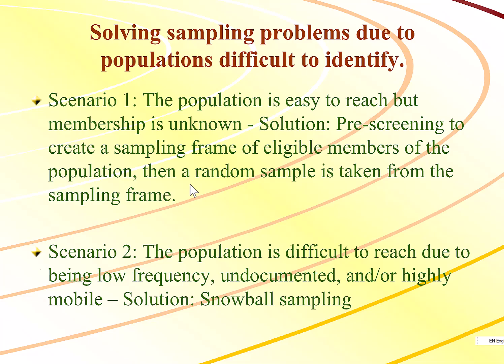For populations difficult to identify, you may be able to do pre-screening of the population, but sometimes you have to resort to snowball sampling if it's really hard to identify the population, in which case you use known individuals to help you identify other individuals of the population.